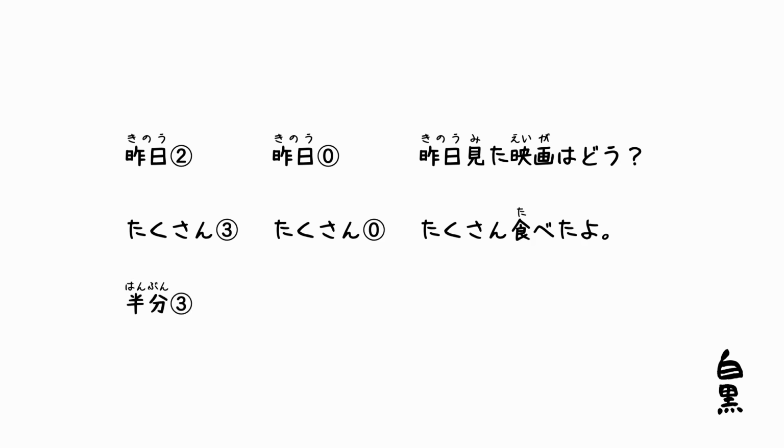As an adverb, it becomes 半分. 半分もらった. If you have other examples, let us know in the comments. Alright, that's all for nouns.